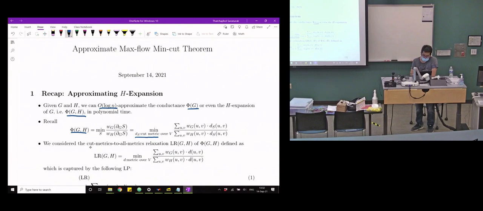And then instead of minimizing over all cut metrics, we just relax from cut metrics to all metrics and denote that by the relaxation here. So just change this thing to this thing, and we just minimize this thing.